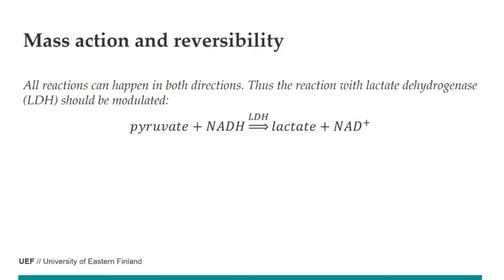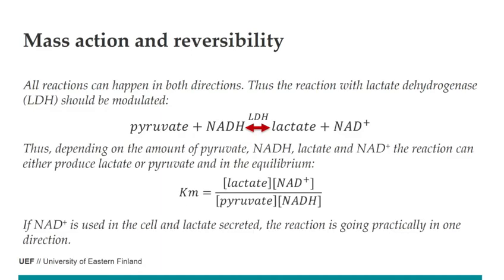Well, actually all reactions are reversible, and that's why mass action is affecting them. So even with lactate dehydrogenase, lactate can be converted to pyruvate, or pyruvate can be converted to lactate.